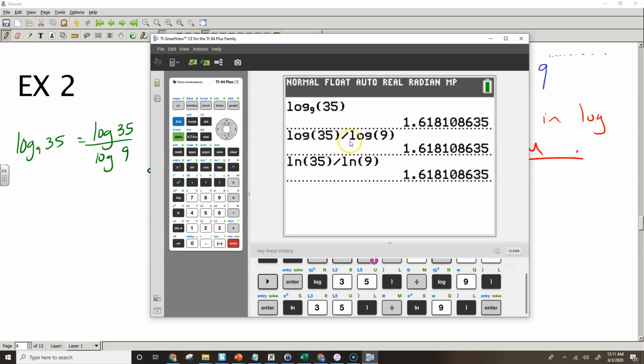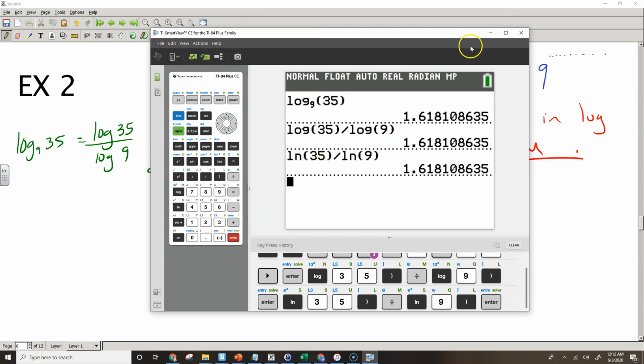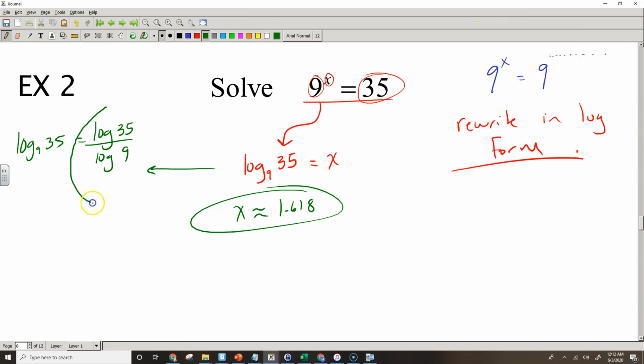So really, you can evaluate these log expressions if you have any calculator. And so you're going to do it like that. We didn't go over the last section on these little properties here, on how that actually works. We'll come back to that if we have time, but your answer there is 1.618.